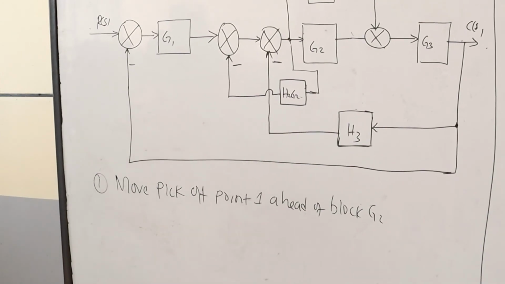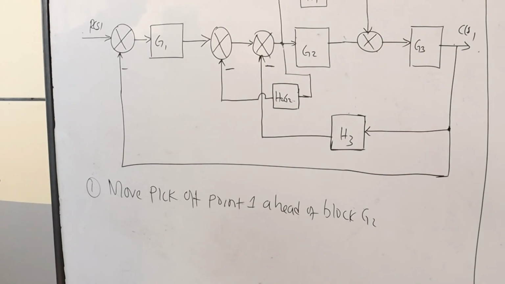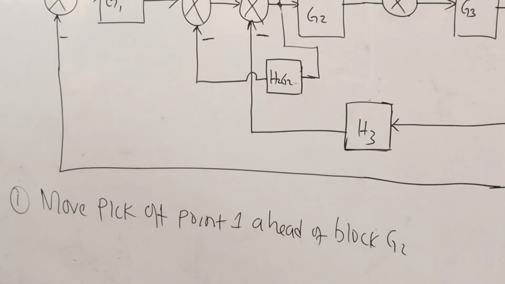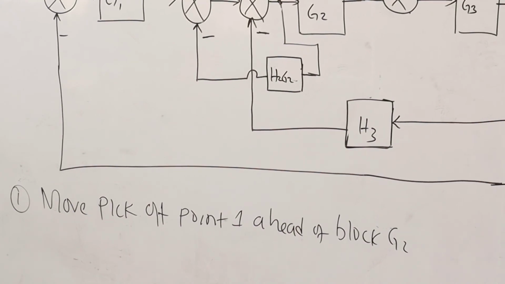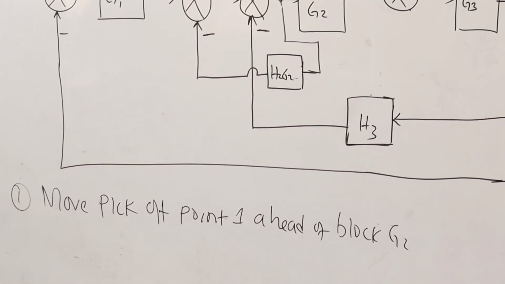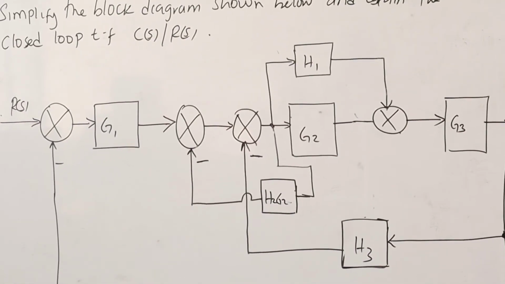Now we can see that there are still no blocks in series, but there are blocks in parallel, that is G2 and H1. So we can use that to simplify. We combine blocks H1 and G2 that are in parallel.